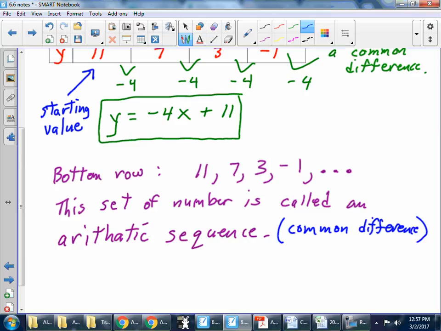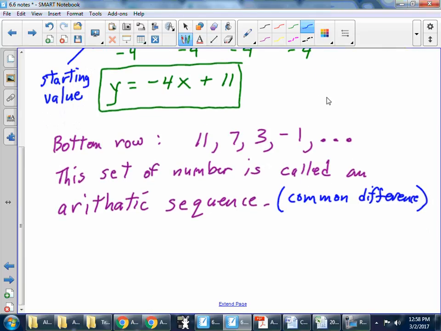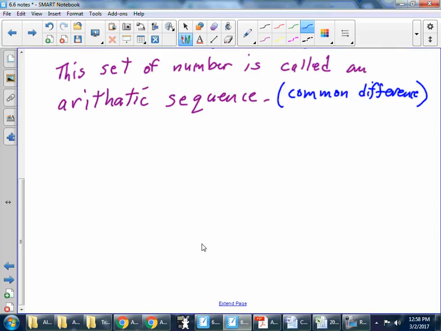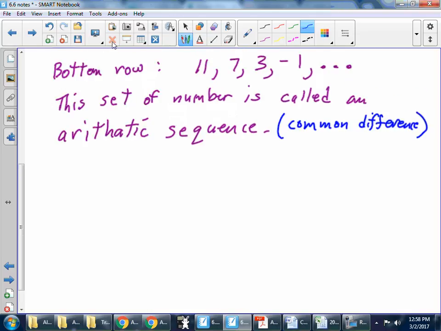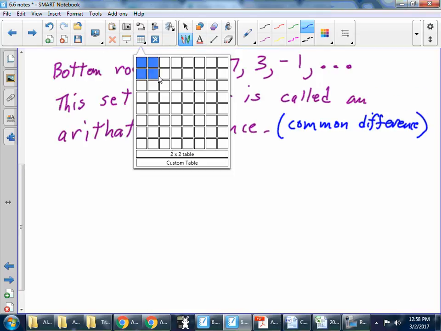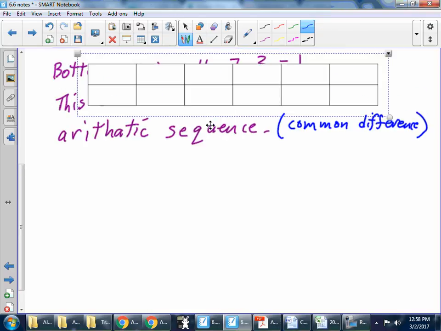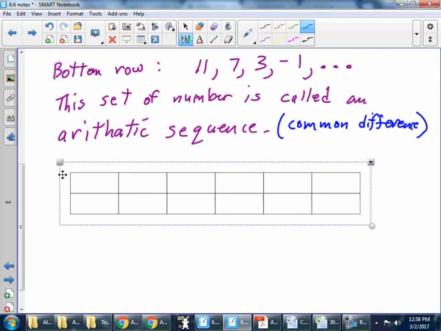Okay, now we're going to get to the good part. The last couple weeks with Ms. Boatwright, you've been working with something a little bit different. You've been working with tables that look like this.